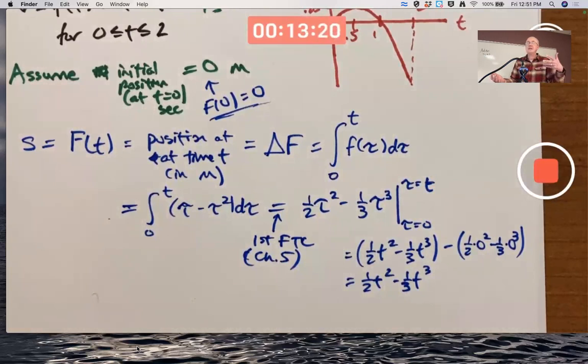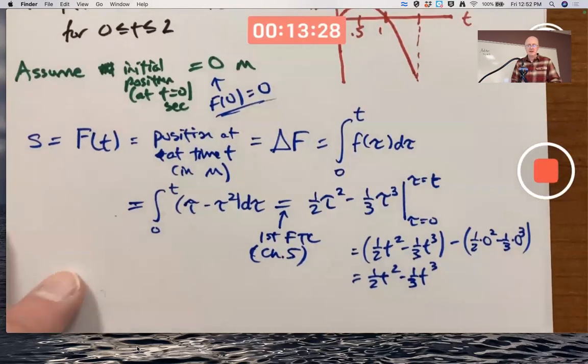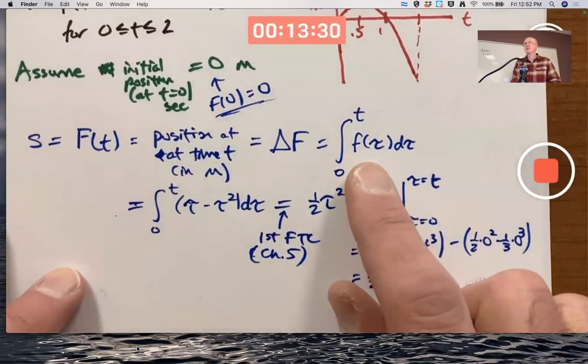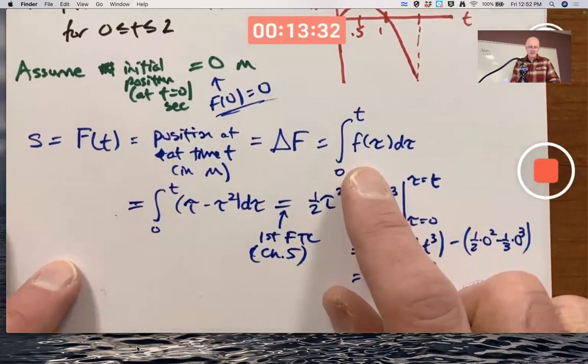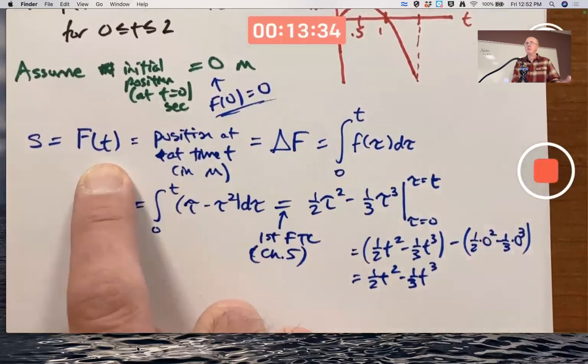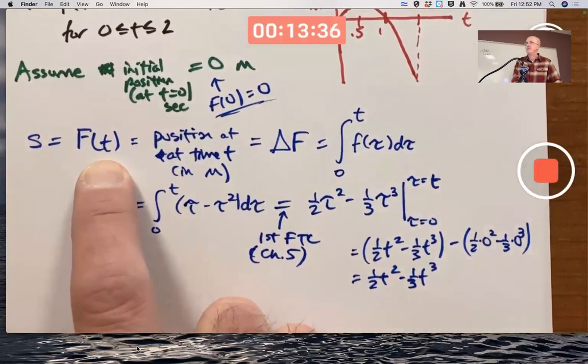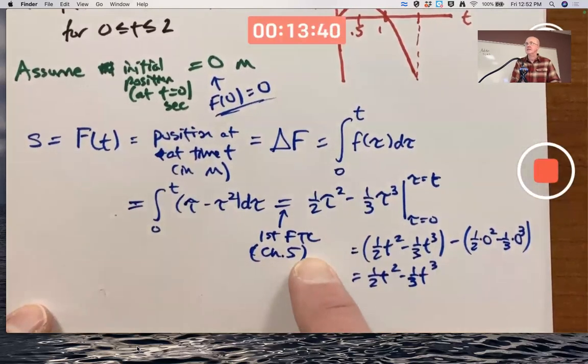So you would either have to give it a new name or use somebody else's name that they've already given it and use technology to approximate it. Or if nobody's given a name to an antiderivative of little f, you'd have to actually compute capital F numerically by numerical integration. That's the point of numerical integration, when you can't use the first FTC. And there are many practical situations where you can't, unfortunately. It's great when you can, but sometimes you can't.